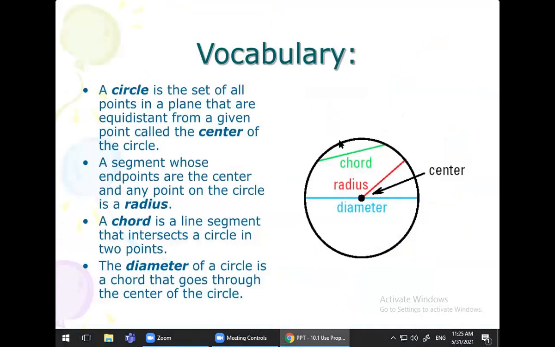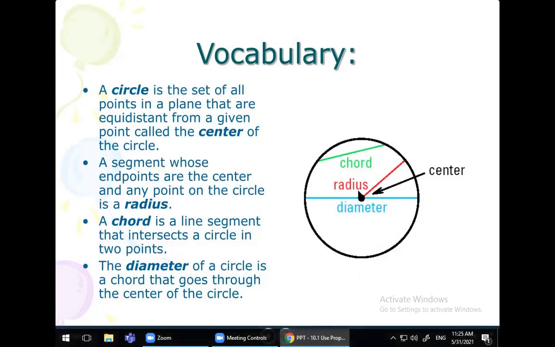So what's the meaning of a circle? A circle is the set of all points in the plane that are equidistant from a given point. This given point is called the center. A segment whose endpoints are the center and any point on the circle is called a radius.